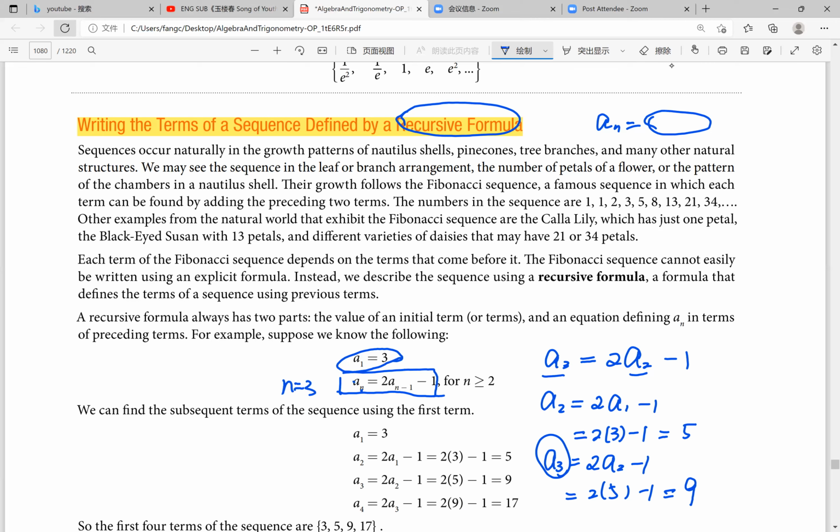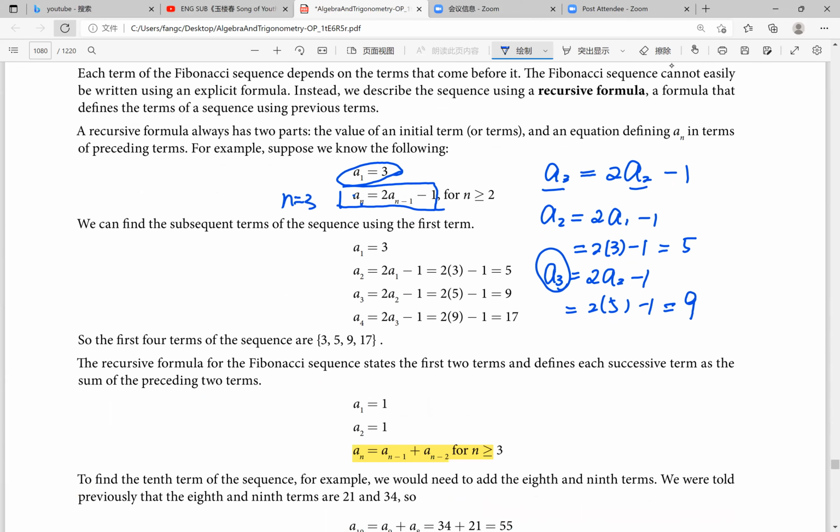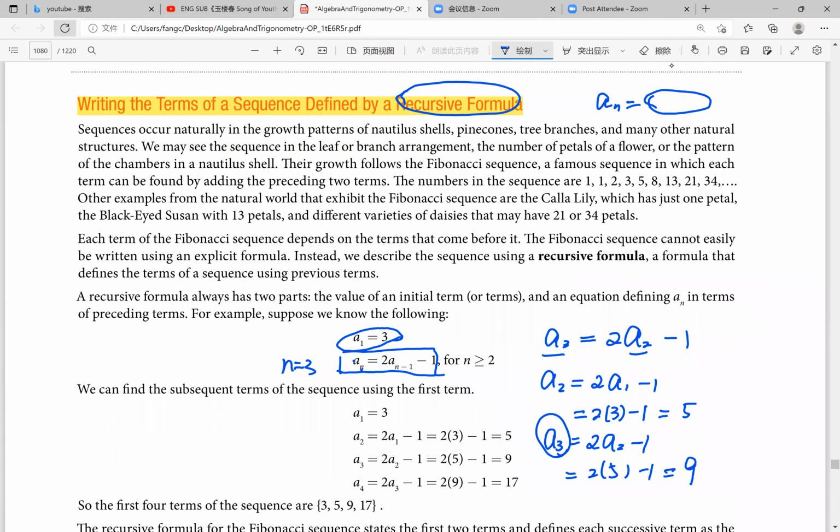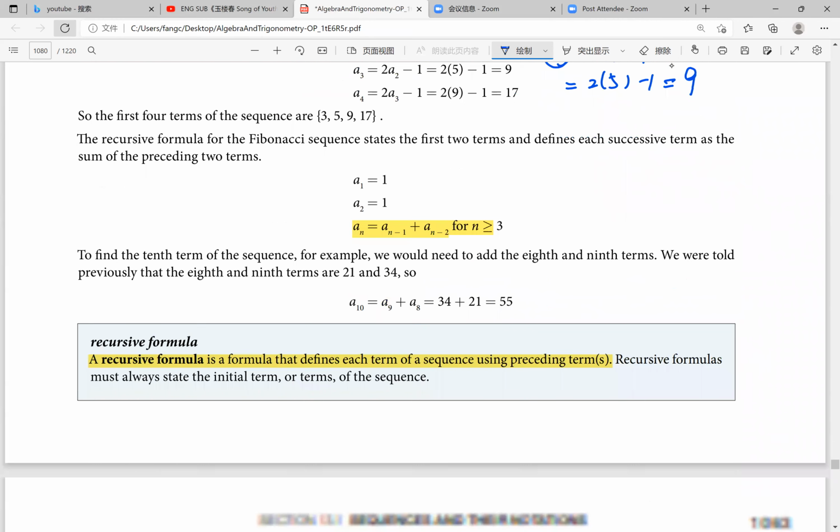Okay, let's go back to the definition of a recursive formula. A recursive formula is a formula that defines each term of a sequence using preceding terms. That's the definition of a recursive formula.